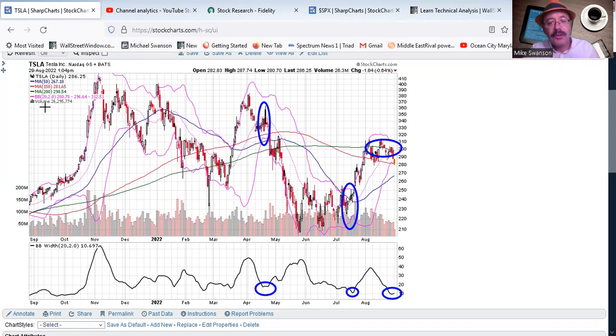It fell below its 200-day moving average in May, and then rallied back up into it in August. And that level in a big bull market or bull trend, which Tesla had been in for years, tends to act as support. That's the green line on this chart. But when you're not in a bull market, it tends to act as resistance.